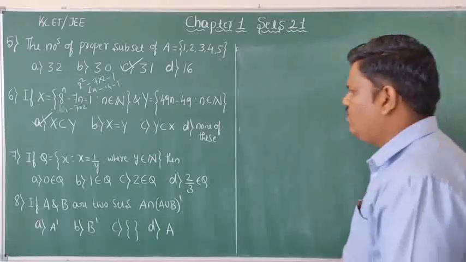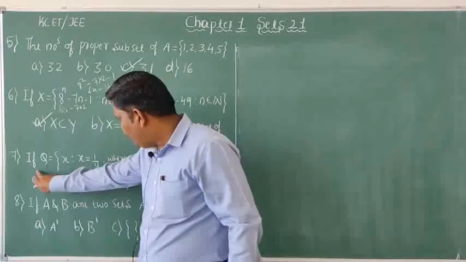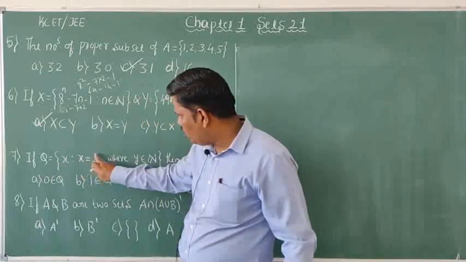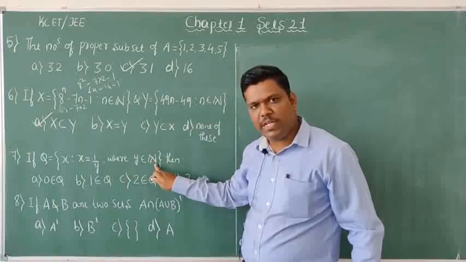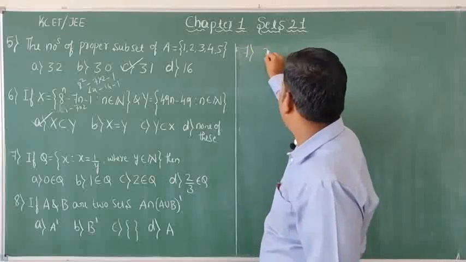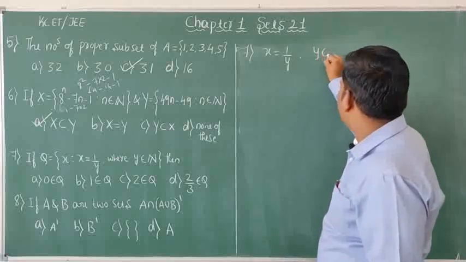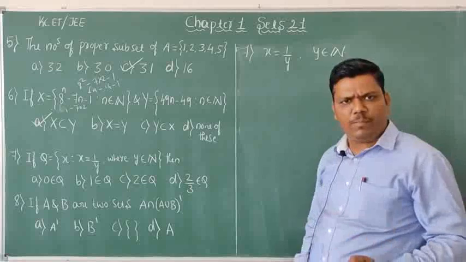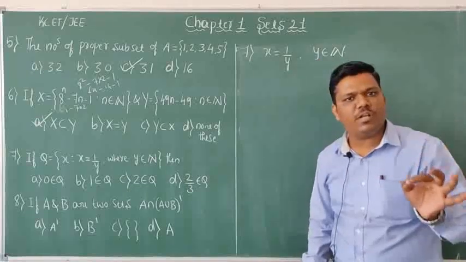Next question. Very important and excellent question. If Q is equal to {x such that x is equal to 1 by y, where y belongs to natural numbers}. Here the given condition is x is equal to 1 by y, then y belongs to natural numbers. You can take any element as y, but it must be a natural number.